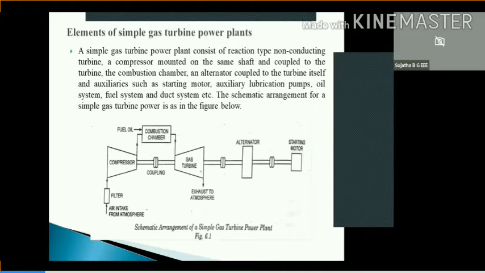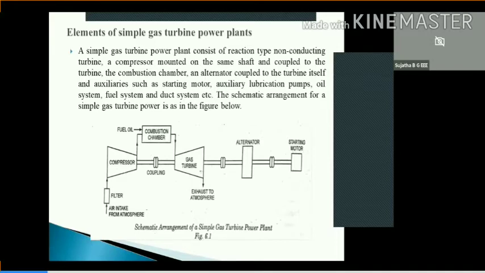And one more thing we have to discuss: types of gas turbine power plants. For that, let us briefly recall what we have studied in the earlier class. If you recall the elements of a simple gas turbine power plant, mainly we have the compressor, combustion chamber, and gas turbine, and that is coupled to an alternator.